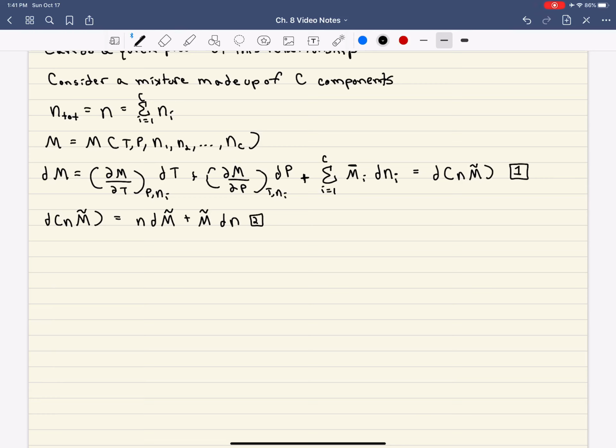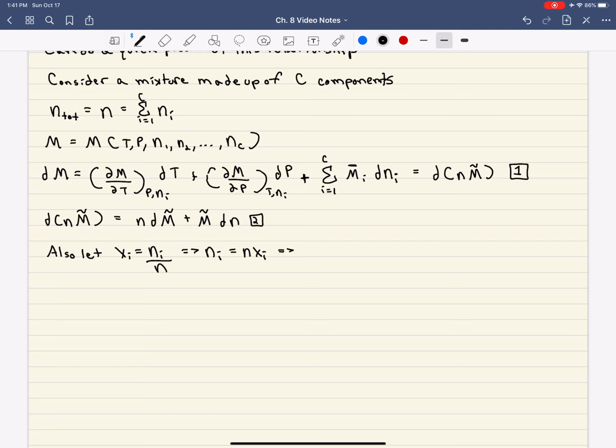Now the last thing I want to do is start defining mole fractions. And so we know that the mole fraction of a species i is just N_i divided by the total moles in the system. If we rearrange, we know that N_i is equal to N x_i. Then, because we have this dN_i up here, we need to figure out what dN_i actually is.